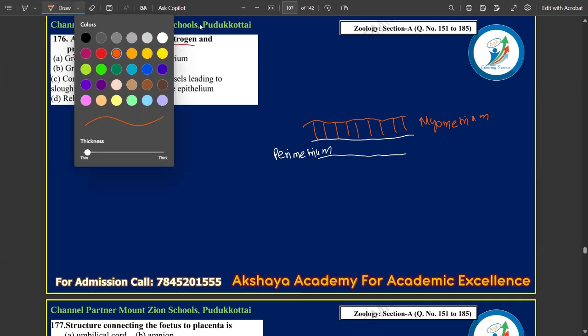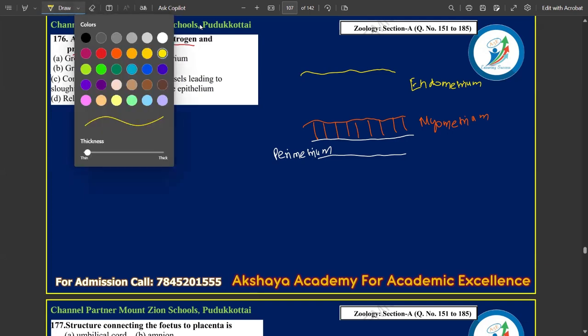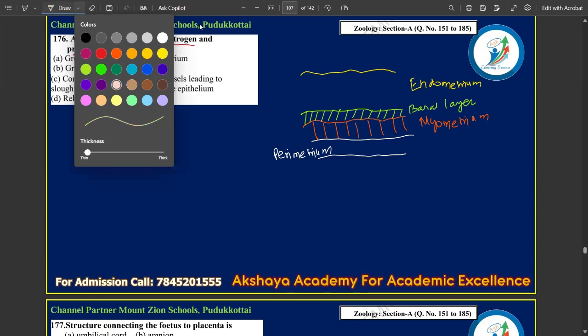And then you have the endometrium. Endometrium also has two layers. One is the basal layer, we call them basalis, and the other is the functional layer.